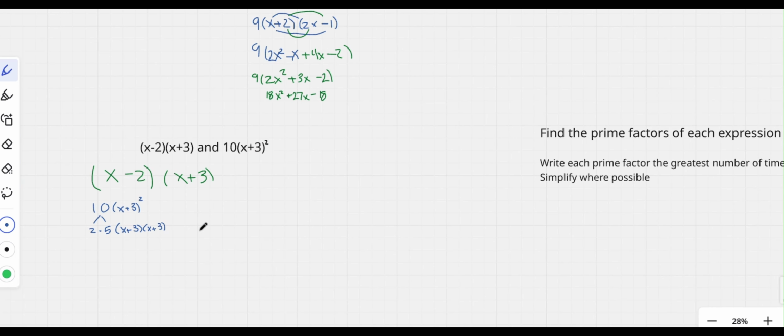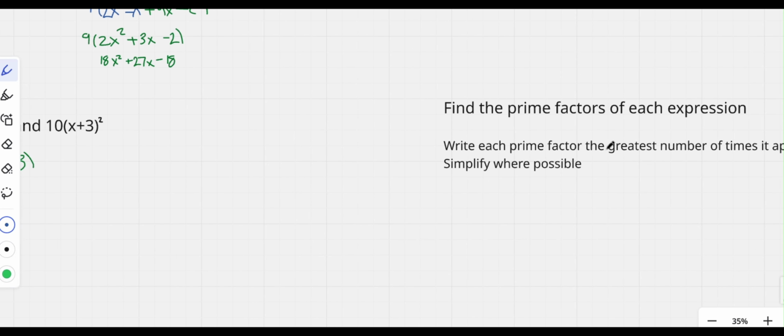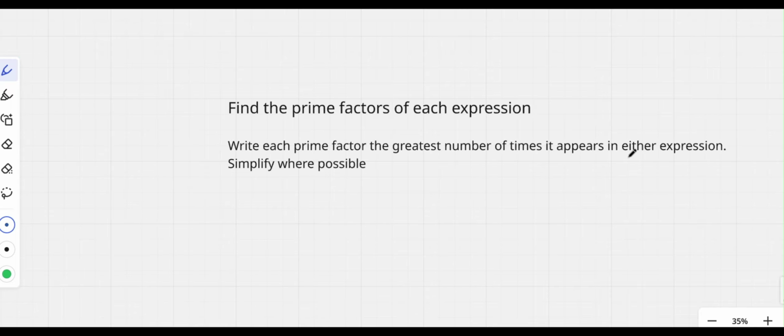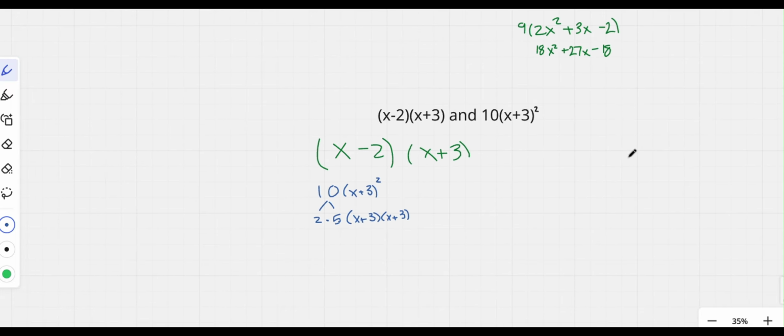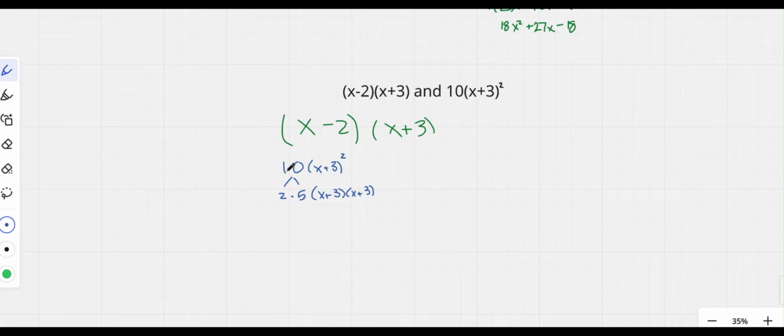So now the next step is to write each prime factor the greatest number of times it appears in either expression. Let's just rewrite both expressions.